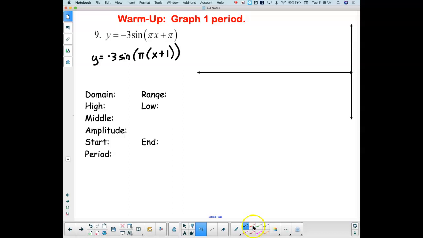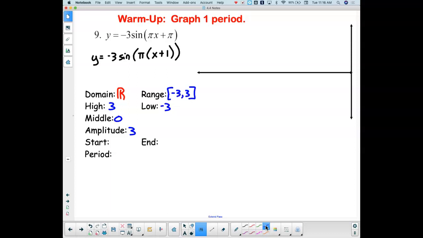Knock the easy one out. Domain is all real numbers. Amplitude: 3. Middle: 0. High: 3. Low: -3. Range: -3, comma 3.